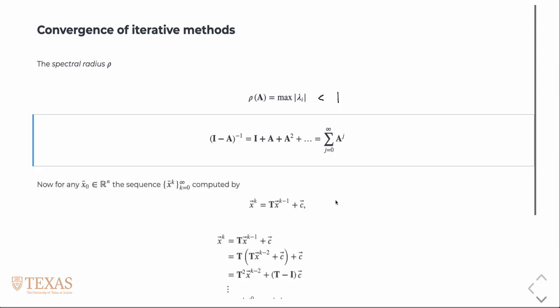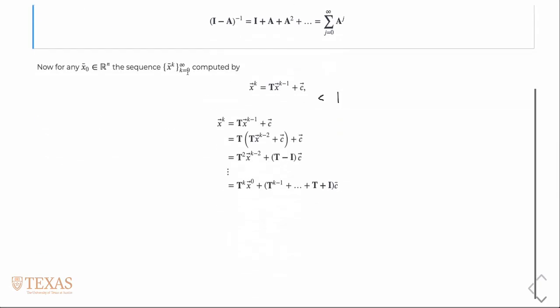So if we then look at our iterative procedure, the sequence of vectors computed by our iteration, we're going to start at the end. So the vector x to the k is equal to T times x to the k minus 1 plus c, and then we plug in what x to the k minus 1 would be.